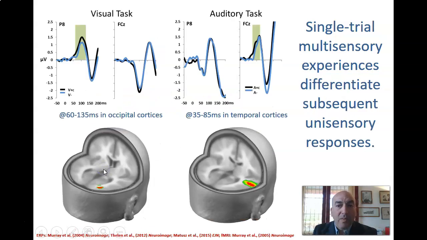Moreover, we also demonstrate using electroencephalography as well as functional magnetic resonance imaging that single trial multisensory experiences can help us differentiate incoming unisensory information.